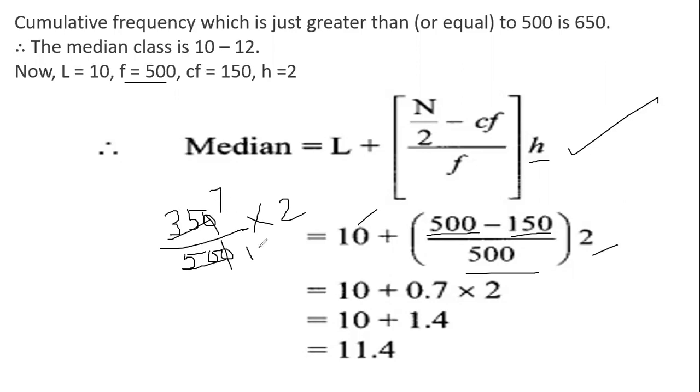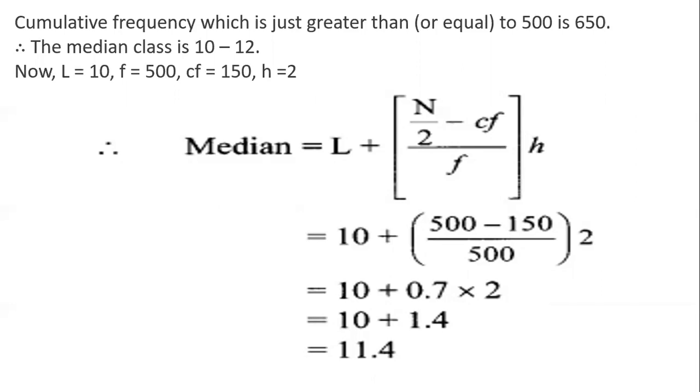And here you get a 10. So 7 divided by 10 is 0.7, which is multiplied by 2. So you get 1.4. The 10 plus 1.4 is 11.4. So that is your median. This way we get the value for median. Hope that it is clear.